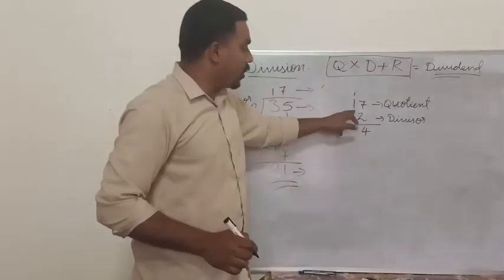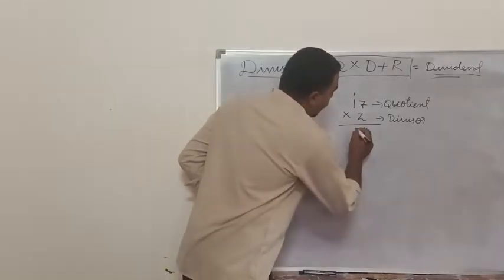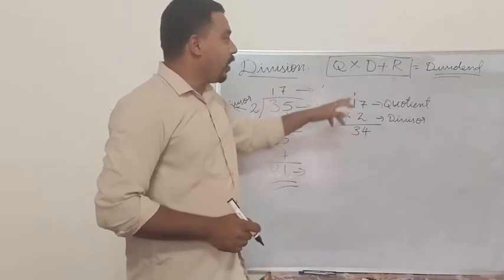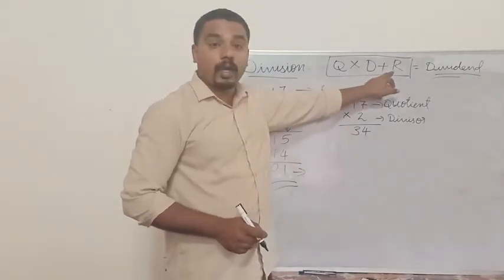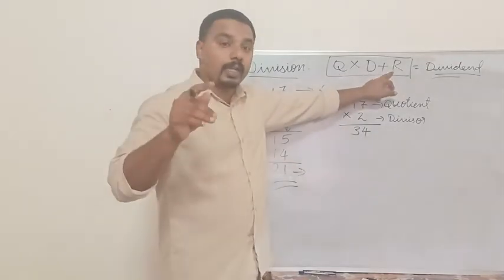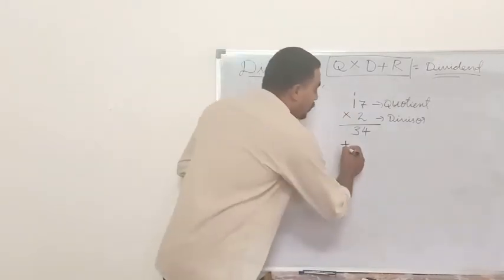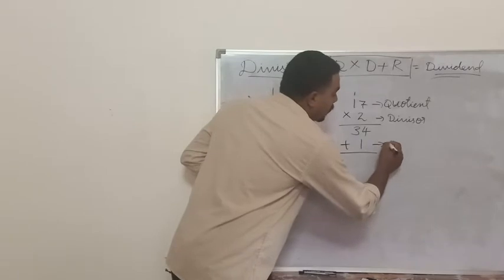Regroup 1. 2 ones are 2 plus 1 is 3. So we have got 34 here. And what do we have to do next? If something is remaining, we have to add that. The remainder is 1, so plus 1.